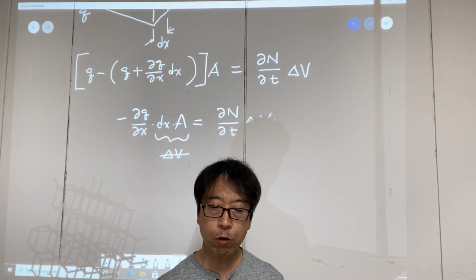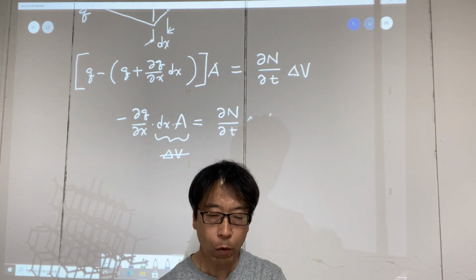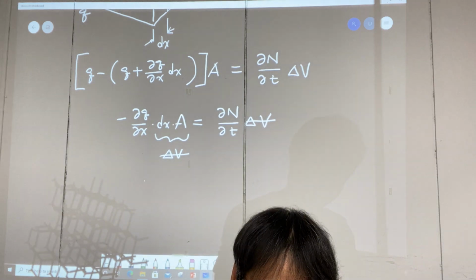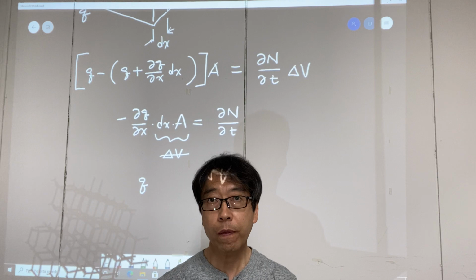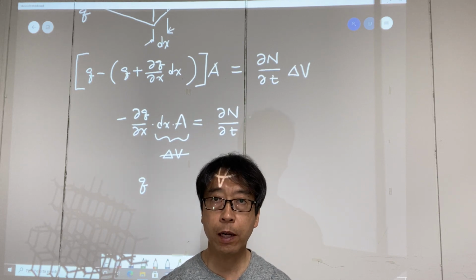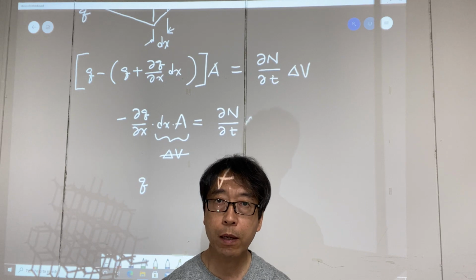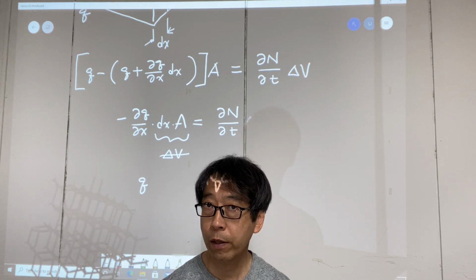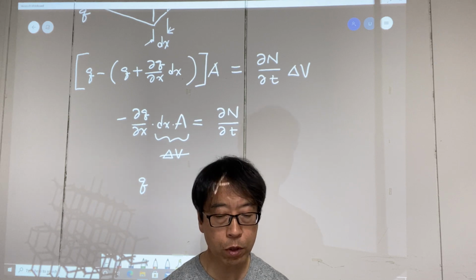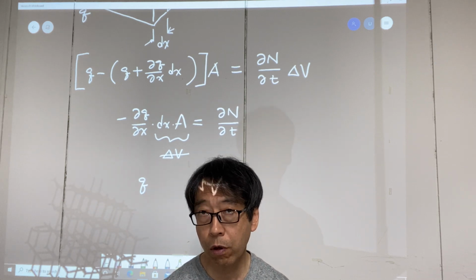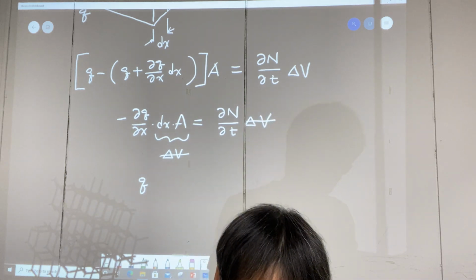And in this specific equation, what is the flux? We have already seen the flux can be defined as the number of molecules that are being driven by the concentration gradient. We call it Fick's law of diffusion. Actually, to be precise, Fick's first law of diffusion. So Q is equal to minus D partial n partial x.